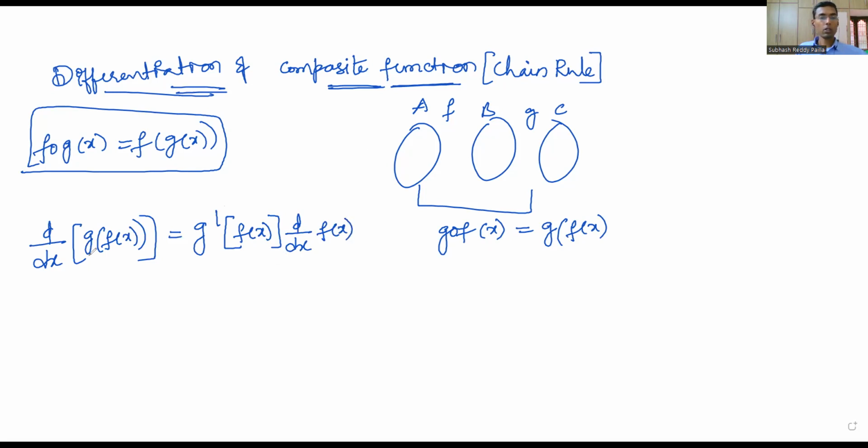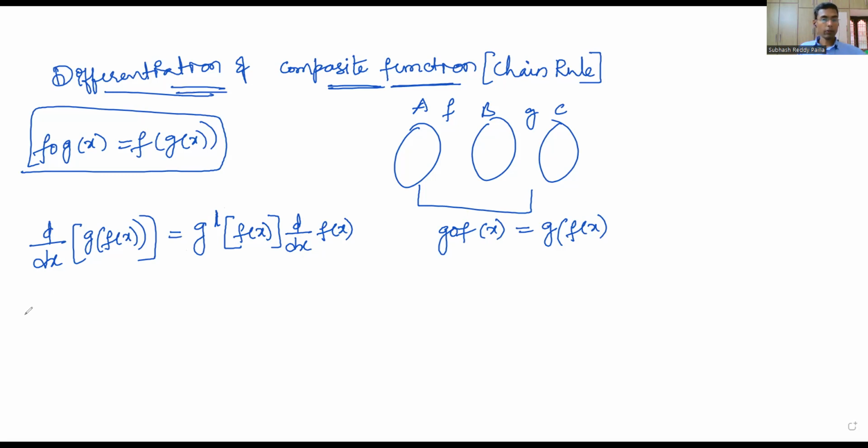Okay, d by dx of g of f of x is first you do g dash, and the inside function again you do d by dx of f of x. So first we find the derivative of g of x.